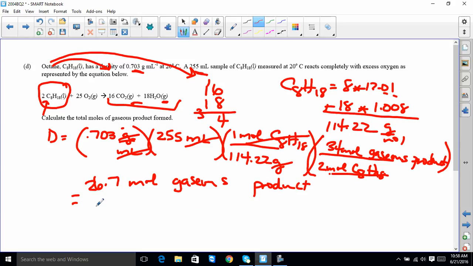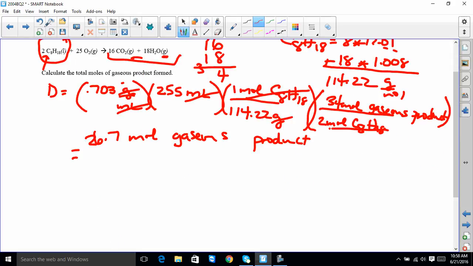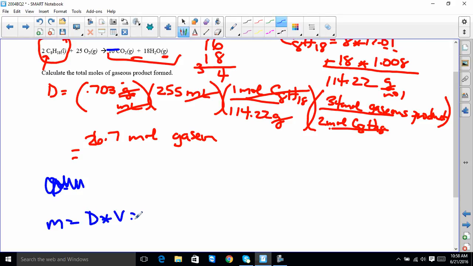Now, the other way to do this problem is to do this so that you can see that it's a mass mole problem. Sorry, let me grab a different color because it's a different way to do it. Mass is density times volume. And so you could do the 0.703 grams per milliliter times 255 milliliters.